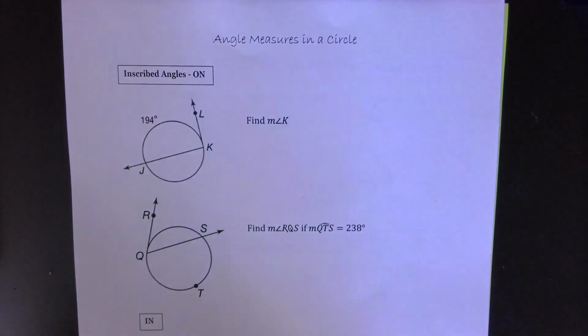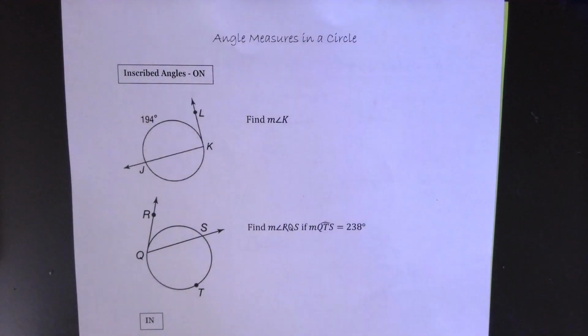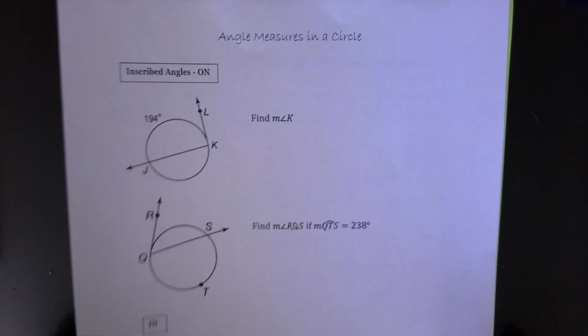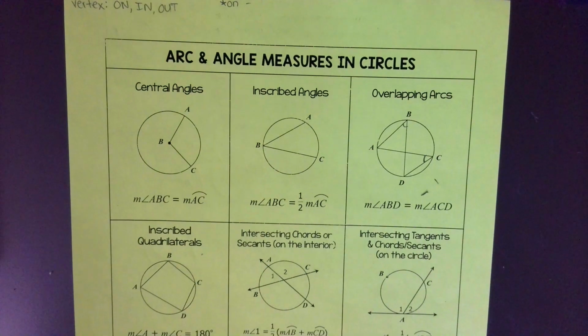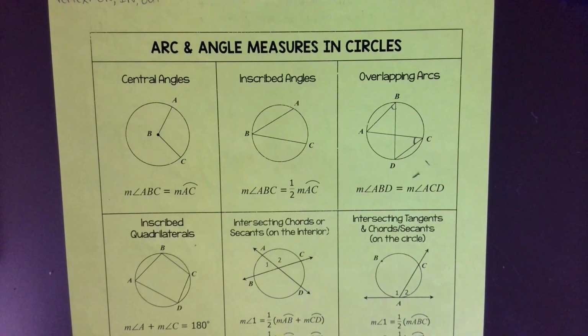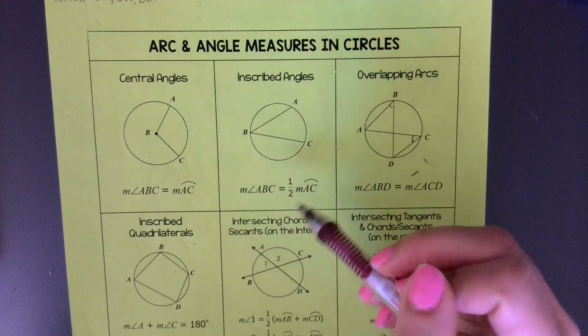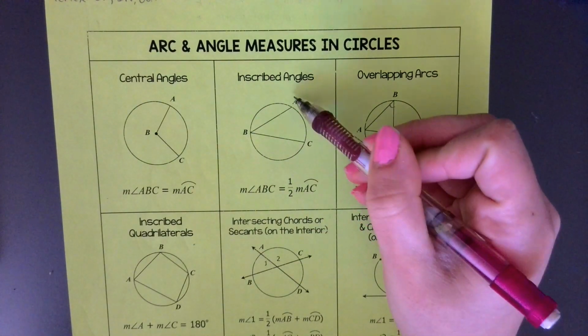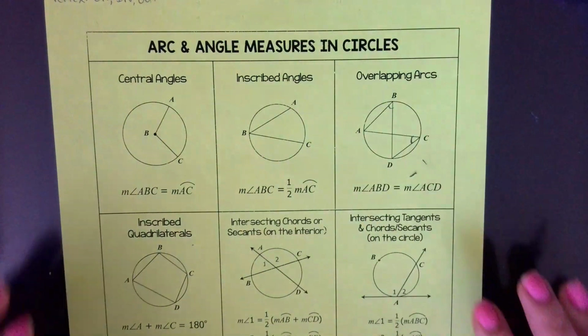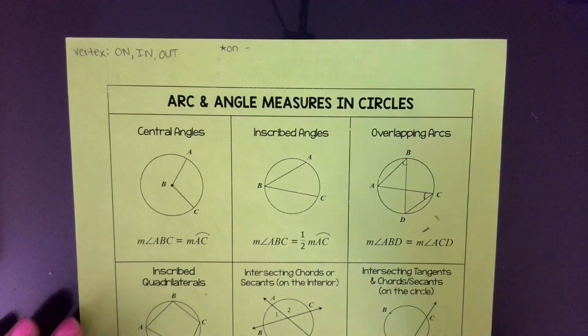So let's recap on inscribed angles. Now remember, this is on Canvas as a PDF. You have this circles formulas. So we talked about inscribed angles. Inscribed angles is when your vertex is on the circle, so all you do is take half of the intercepted arc. On top, you're going to identify the vertex for the angle measured.